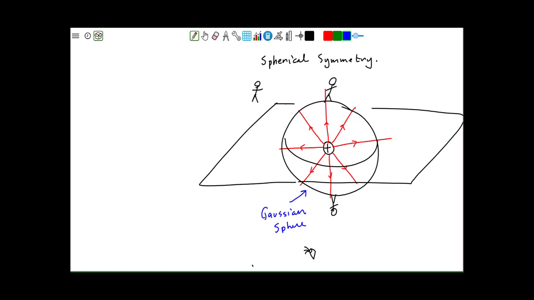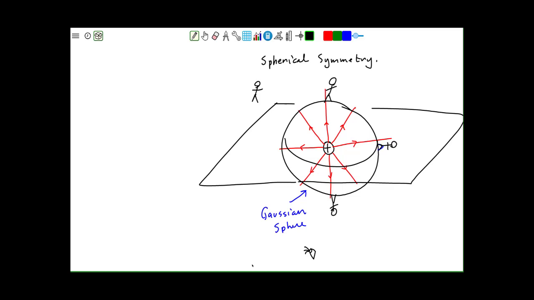They are mathematical surfaces. So this Gaussian sphere that completely surrounds our charge, if we place the charge right at the center of the sphere, the electric field at all points on this sphere will look the same.